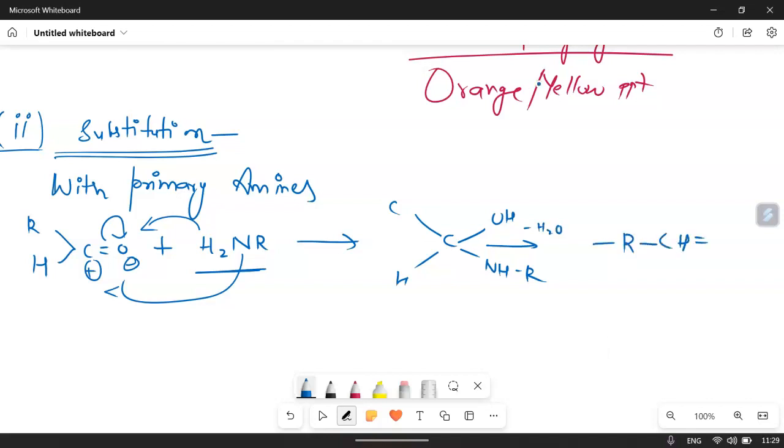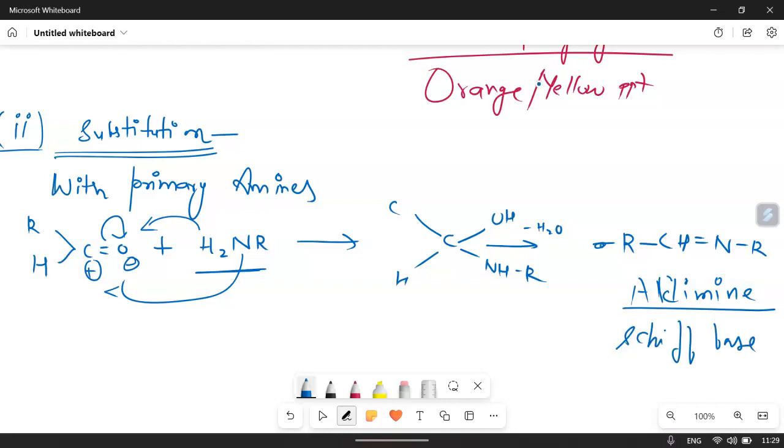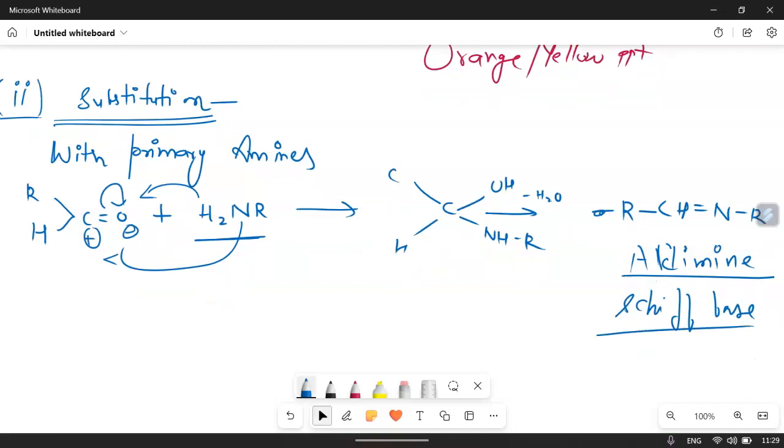CH double bond will come and R. Okay, this is aldimine. This is called aldimine and also known as Schiff base. RCH double bond N R.